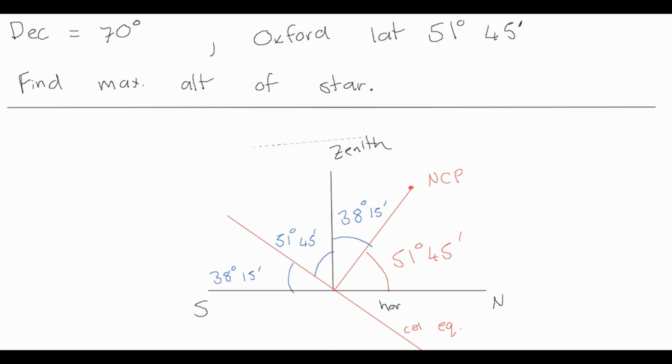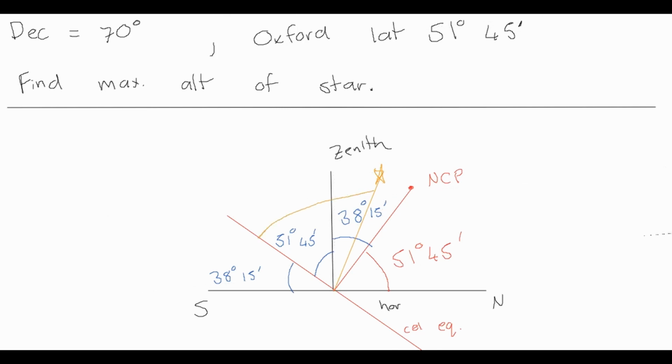So we know that the star has a declination of 70 degrees. So the angle between the star and the celestial equator is going to be 70 degrees. Once again, there are two places where this can be. So let's just put the first one here. There we go.